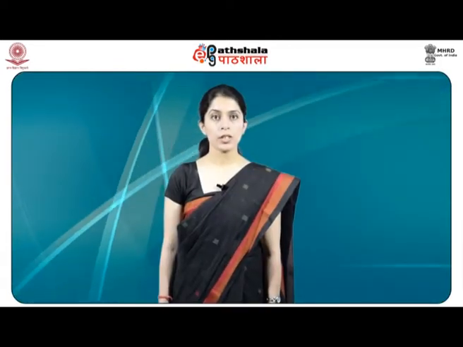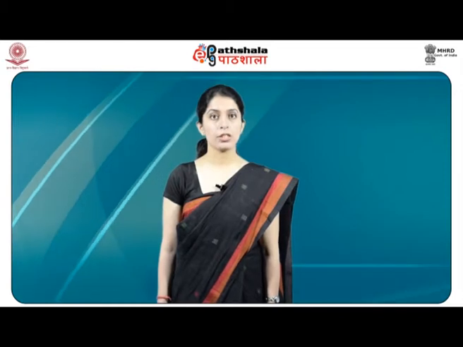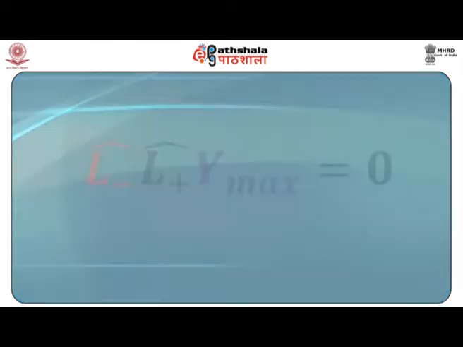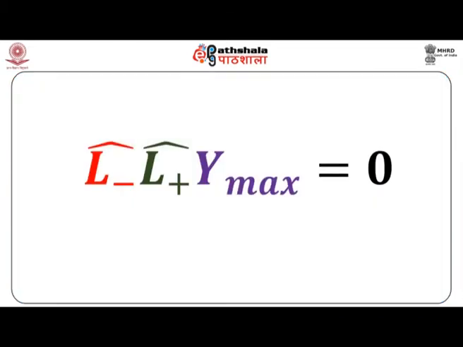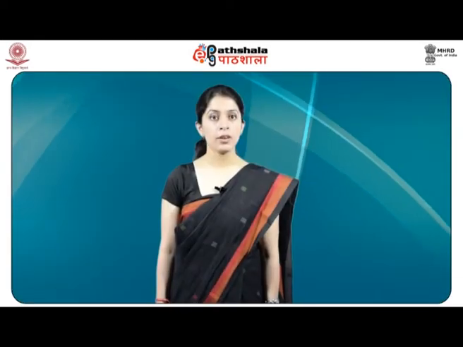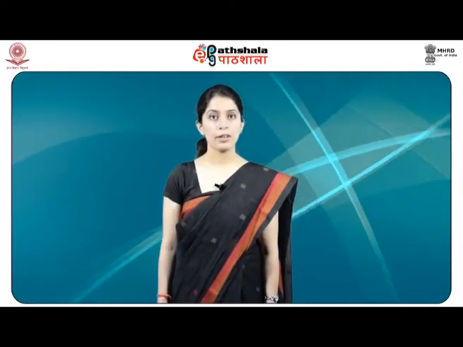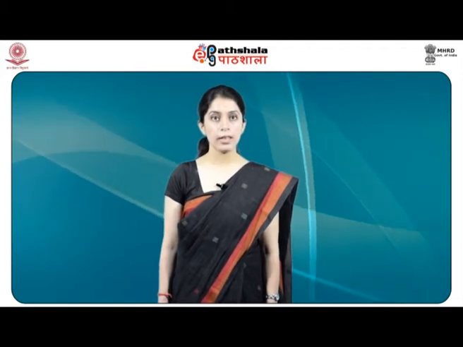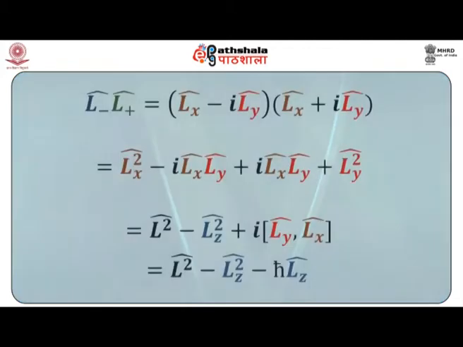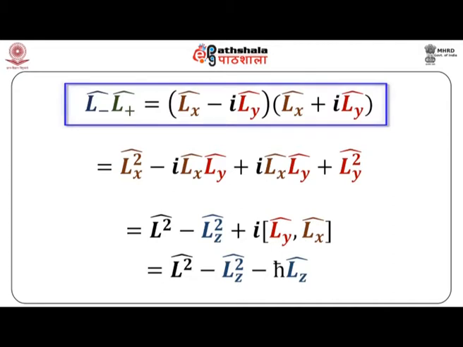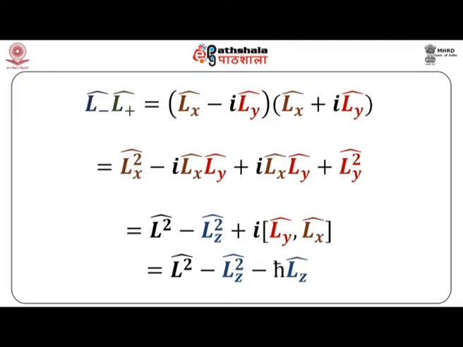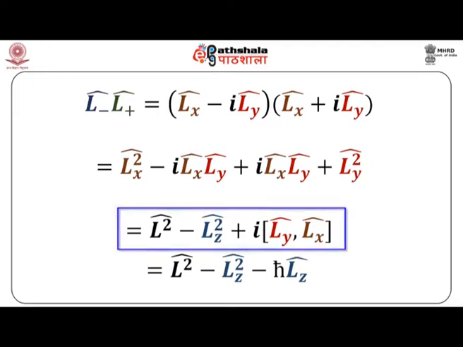Now operating on this expression with the lowering operator L minus gives us L minus L plus ψmax equals 0, where the multiplication of ladder operators L plus and L minus gives us Lx minus iLy into Lx plus iLy, which on simplification gives L square minus Lz square plus i times the commutator of Ly and Lx.